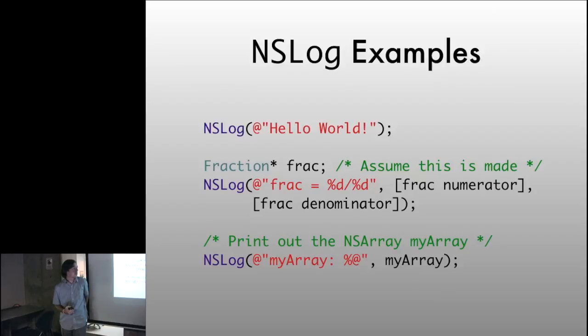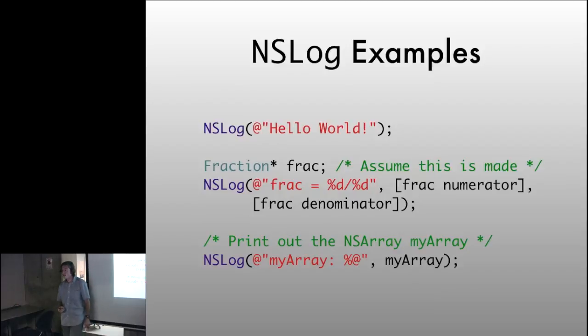A lot of the framework types will spit out a ton of information. You can override description and provide your own, but using this on, say, this array, if your array was full of a couple of objects, it'll list out, like in Python, all of the objects contained within that array.